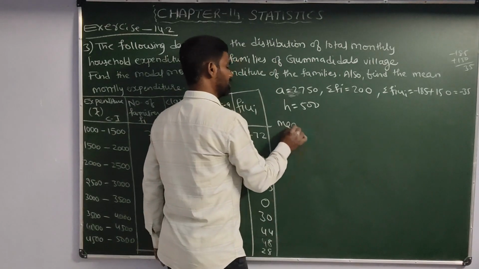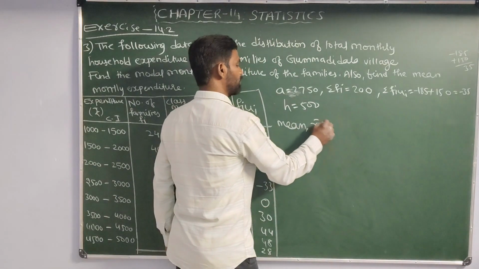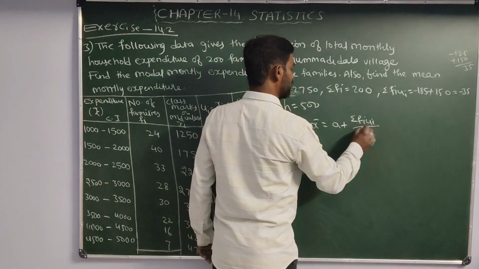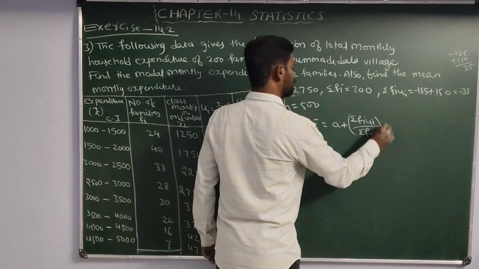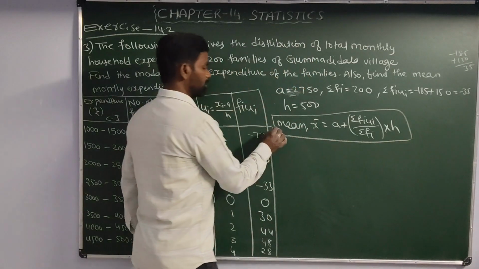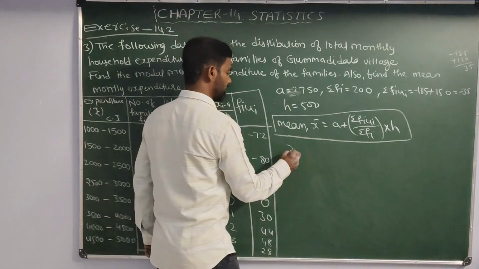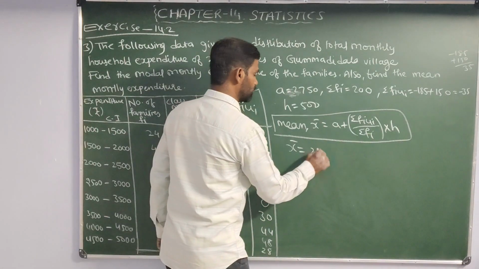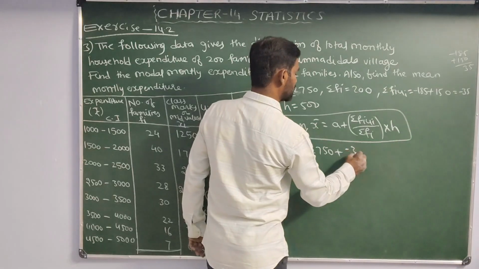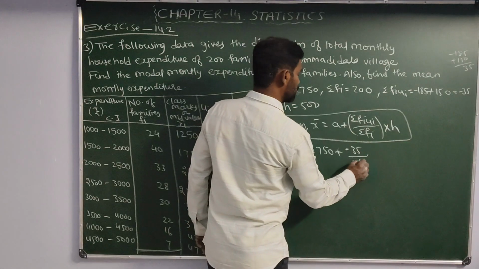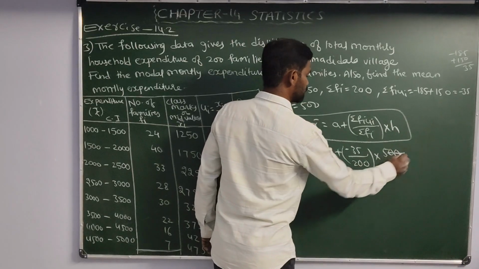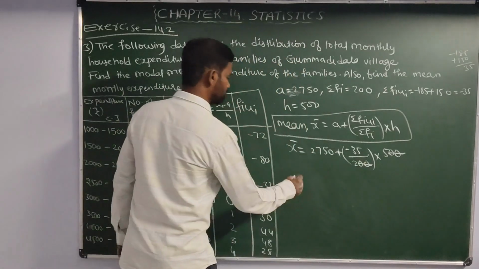Let us find the mean. Mean x bar is equal to a plus sigma Fi Ui by sigma Fi into h. This is the step deviation method formula. Now substitute all these values. X bar is equal to a, 2750, plus sigma Fi Ui, which is minus 35, by sigma Fi, 200, into the h value, 500. So these two zeros get cancelled.